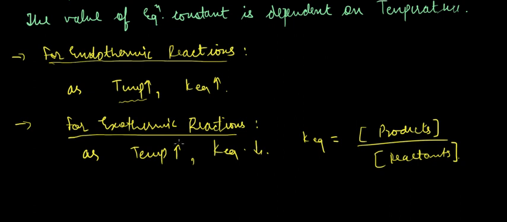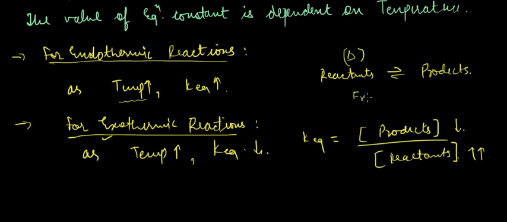But if we are increasing temperature, then more reactants would remain and less products would be formed, or in other words, less products would be getting converted from reactants on increasing the temperature for an exothermic reaction.